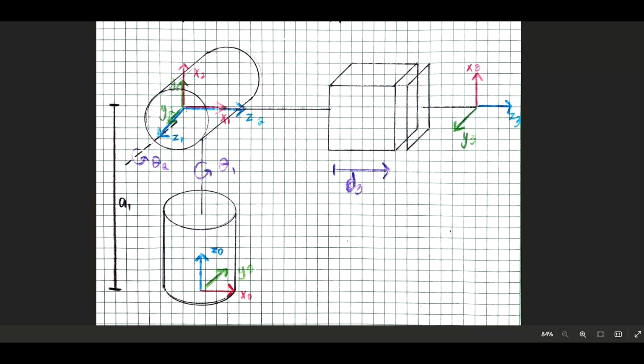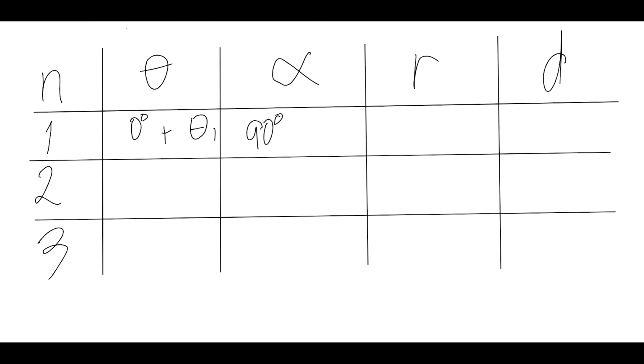Note that in these cases, where frames have intersected, the distance will be 0 as well. So we will put 0 in column r.